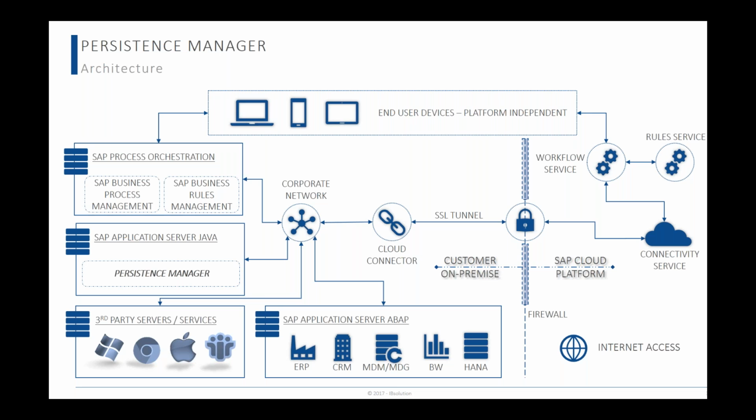You can use the REST APIs which the Persistence Manager provides through the HANA Cloud, to the Cloud Connector, over a secure tunnel to the cloud, and then consume them in the workflow service or in the rule service in order to build the workflow which you would need.